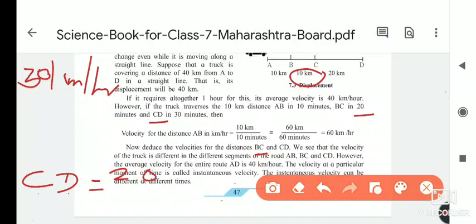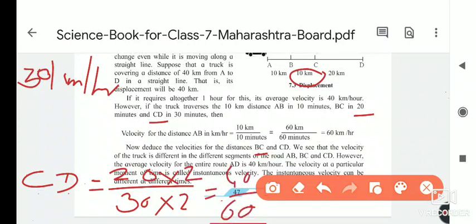Okay, and this 20 kilometer distance, it has to cover in how many minutes? 30 minutes. So here 30. To make it 60, we have to multiply it by 2. So here it is 40 upon 60. 60 minutes means how much? 1 hour. So the velocity at CD is equal to 40 kilometer per hour.